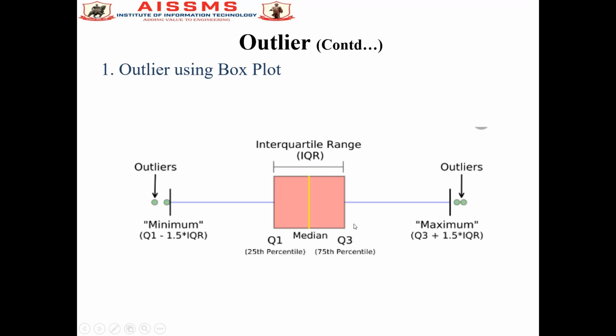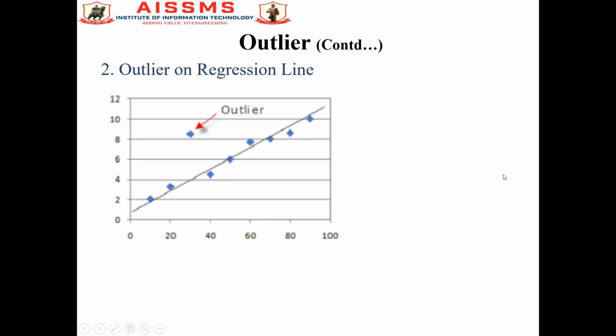With reference to Q1 and Q3, the minimum and maximum values of the data points can be calculated. If a data point is less than the minimum value or above the maximum value, then we can say that particular data point is an outlier. Our data points should fit between the minimum and maximum values of this box plot.